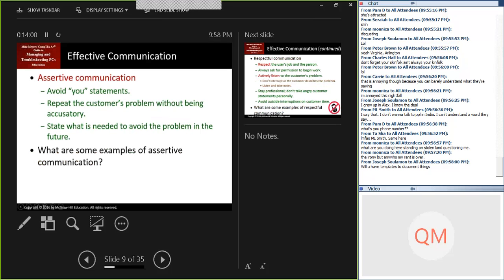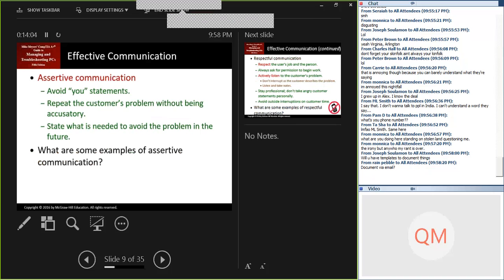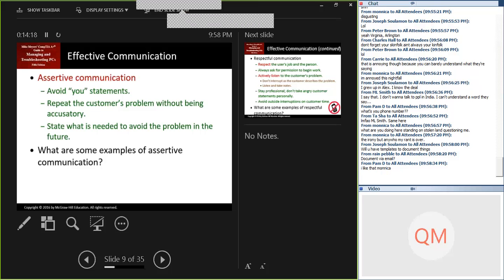So, effective communication. Assertive communication is important because if you let them, a customer will run over your back and try to control the conversation and control how you handle things. So, we avoid you statements, right? It's like, can you tell me what happened?